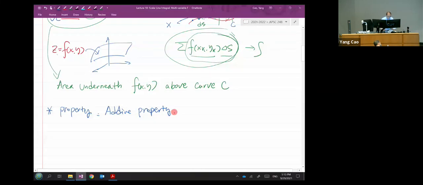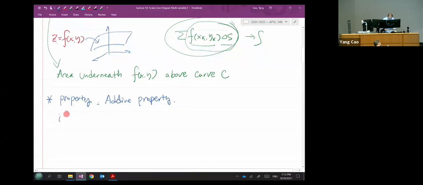Okay. So additive property basically means if the curve C consists of multiple segments of curves. So let's say C1, C2, and maybe even n number of curves.